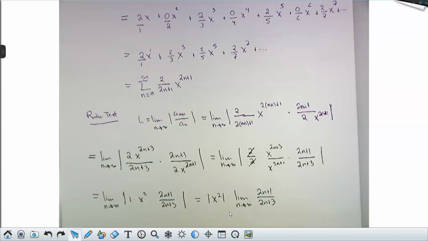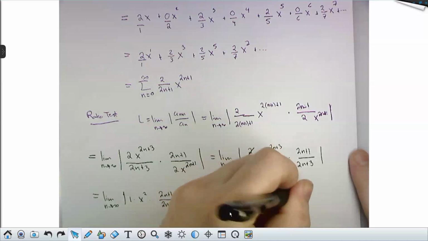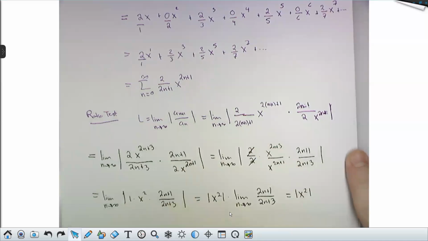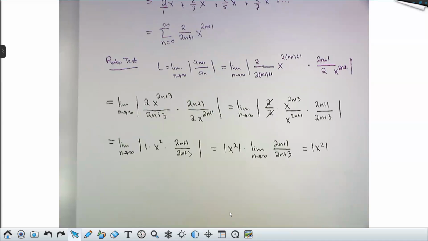Good, yeah, that's 1. So the limit L from the ratio test here comes out to the absolute value of x squared.